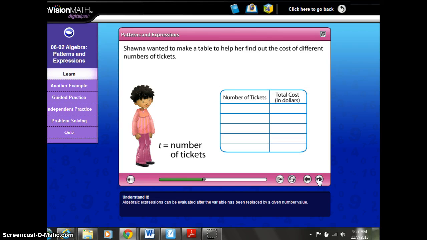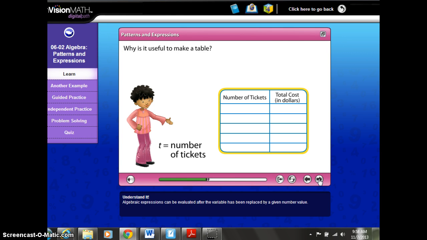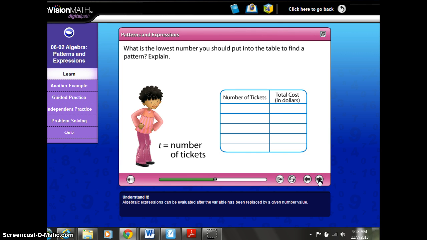Now in math, sometimes we call these input-output tables because if you put a number in, a different number comes out. So the number of tickets that she is going to purchase depends on how many friends she has. So we can look for a pattern in this data. The lowest number we could put in the table, we could always start with 1. One ticket is how much? $4, okay?